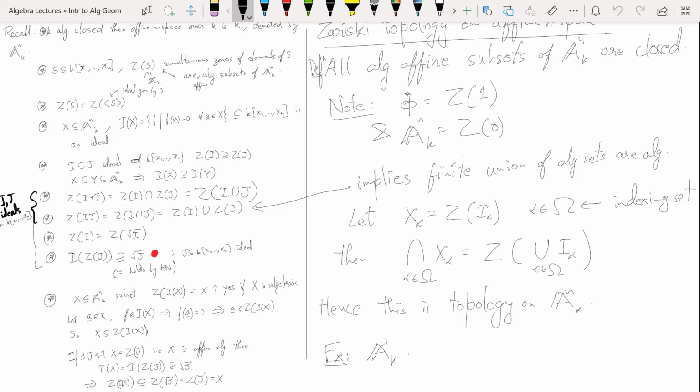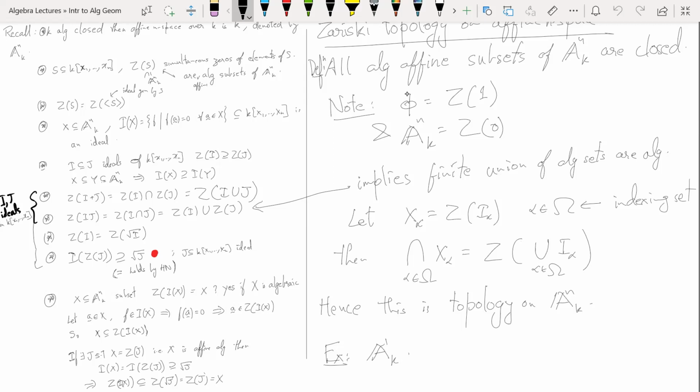You'll get an algebraic set, which will be the union of the given algebraic sets. So it's closed under finite unions, and for arbitrary intersections, we'll use the other one.